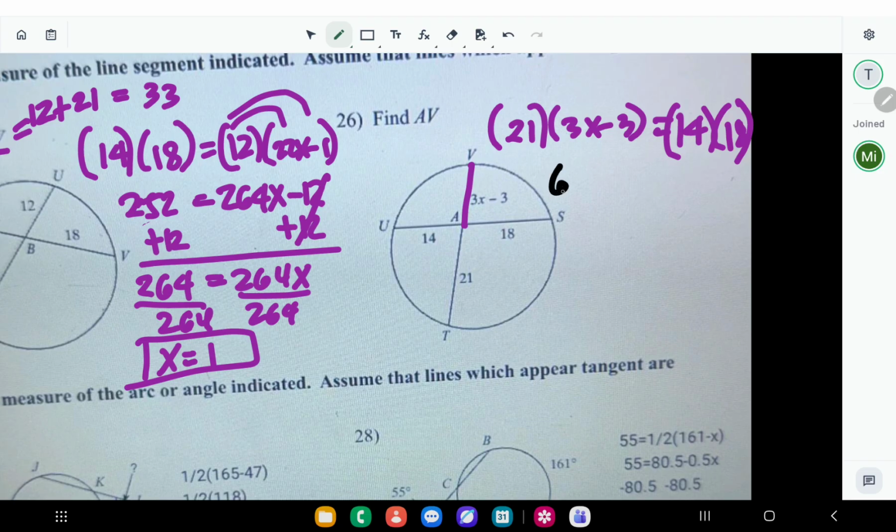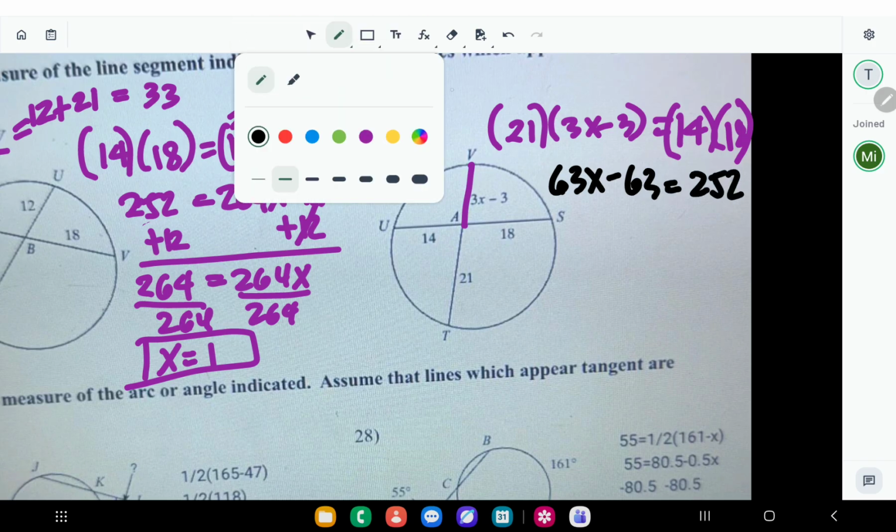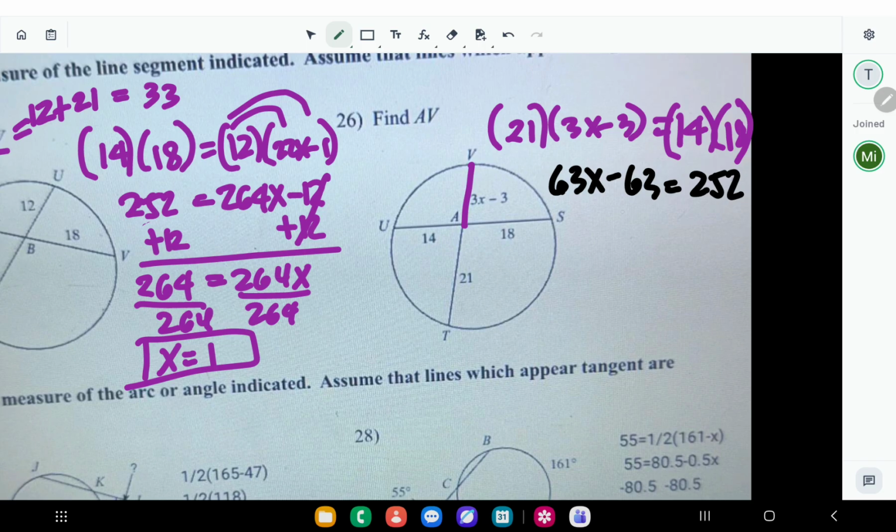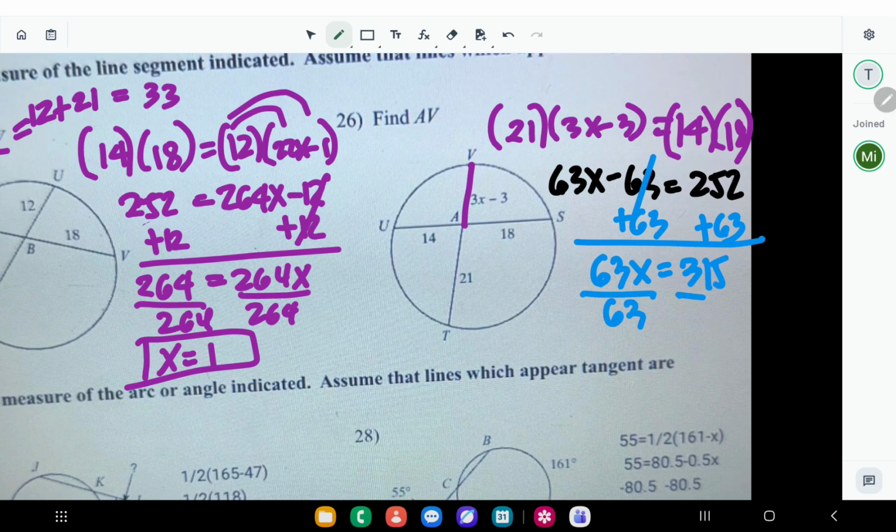That is 63. 63x minus 63 equals 252. Then we add 63 to both sides. So this is 63x equals 315. 315 over 63. So x is equal to 5.